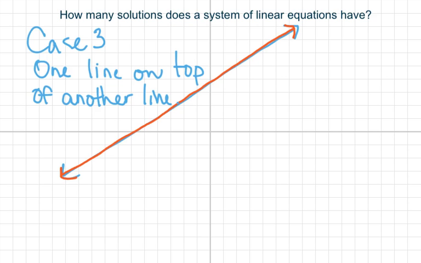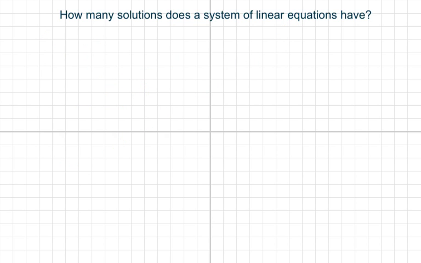All right, now we know the three different cases. Let's examine what the equations look like for each kind of example. The first example is where we will have intersecting lines.